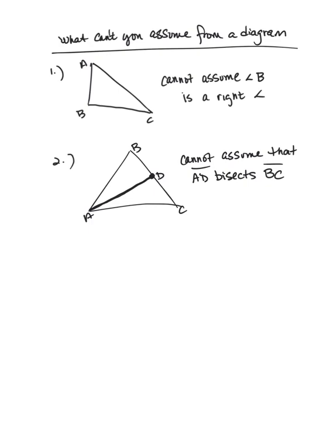Okay, what else can't you assume? If I give you a picture and it appears, this is similar to number 1, right? It looks like this is a rectangle, but I can't assume it, so you can't assume a rectangle.